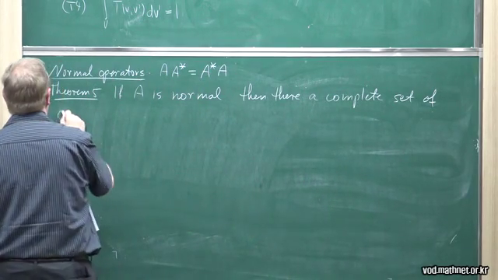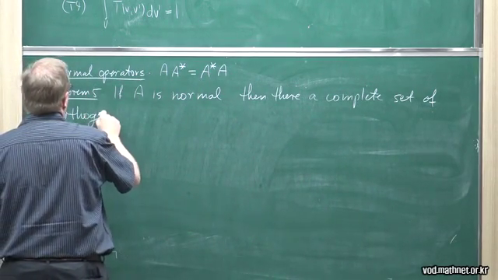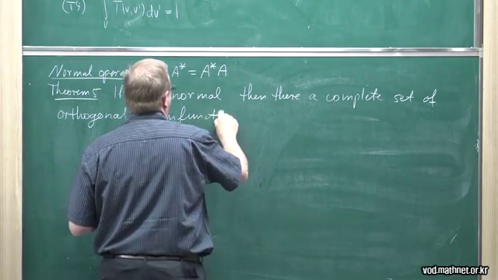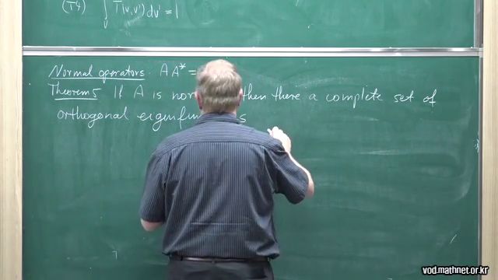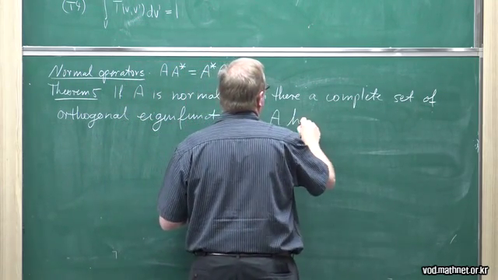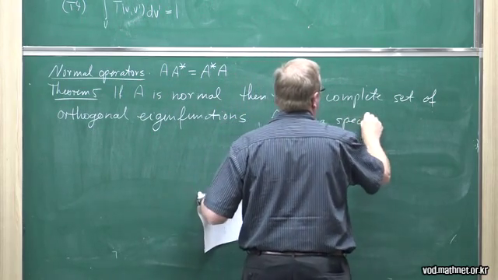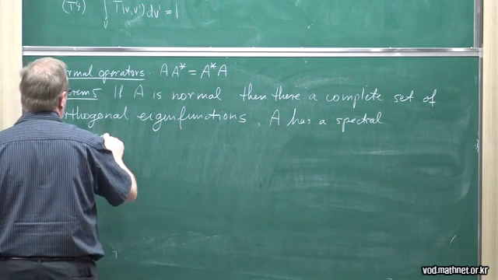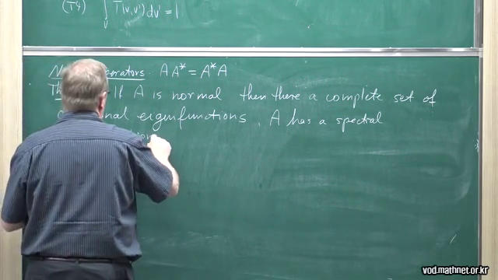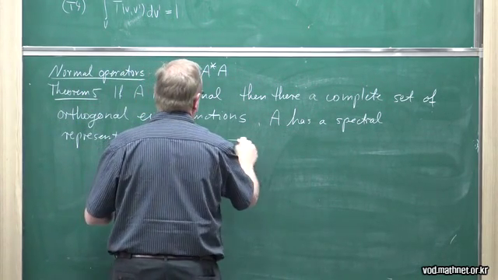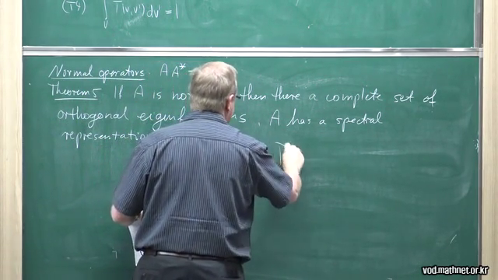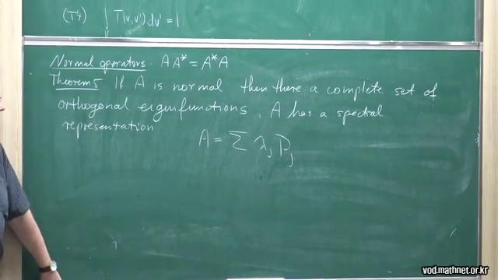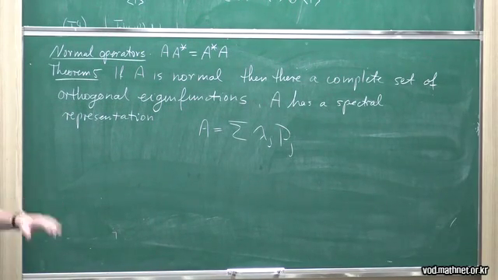And A has a spectral representation: A can be written as a sum of lambda j Pj, where lambda j are the eigenvalues of A and Pj are the spectral projections onto the corresponding eigenspaces.